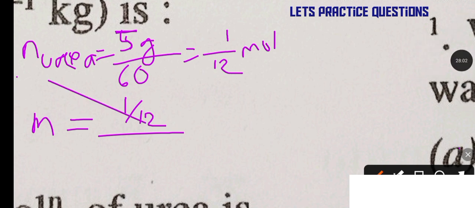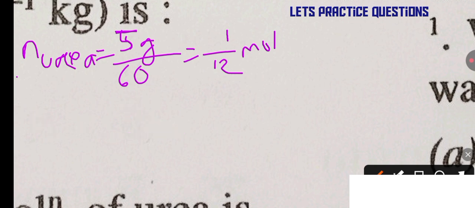Let's read the question again. That is the freezing point of aqueous solution of 5% urea and 10% glucose, weight by weight. So you have to first calculate molar mass.